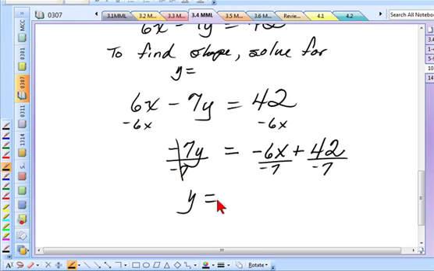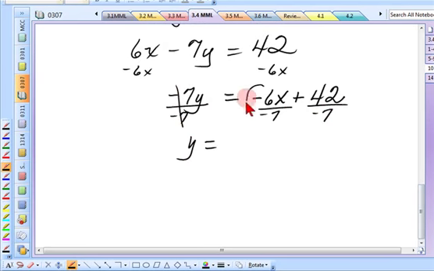That gives me y equals, this number is going to be the coefficient of x. It's negative over negative. What do we usually do when we have negative over negative? Make it positive. So I'm going to call it 6/7 x. What is 42 divided by negative 7? Negative 6.